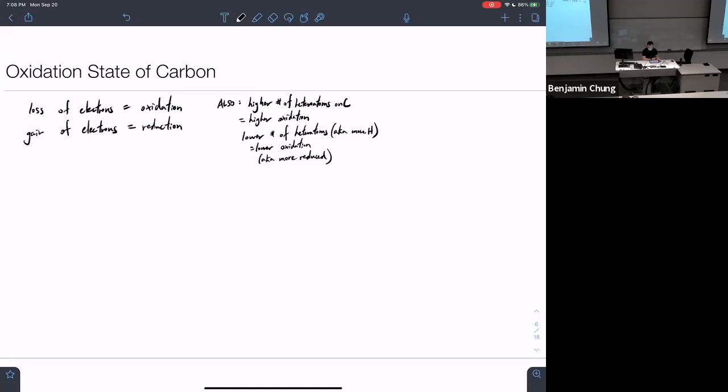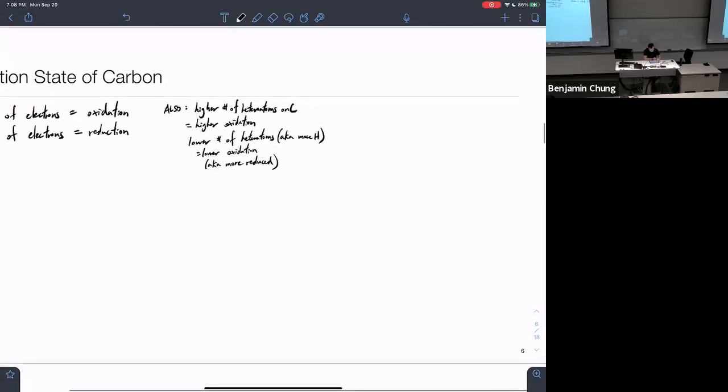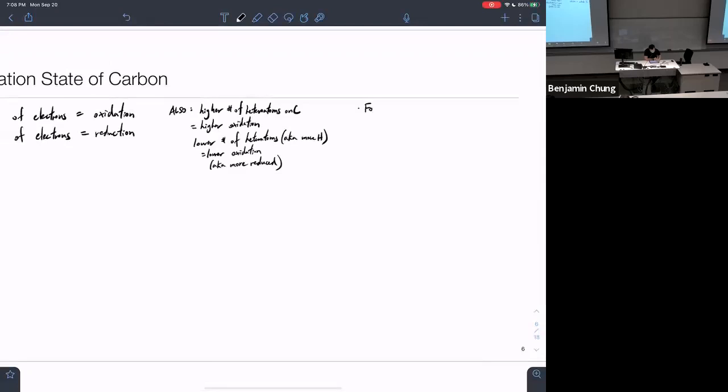So when we calculate an oxidation state of carbon, essentially, I'll write it down first, and then I will go through with you guys.